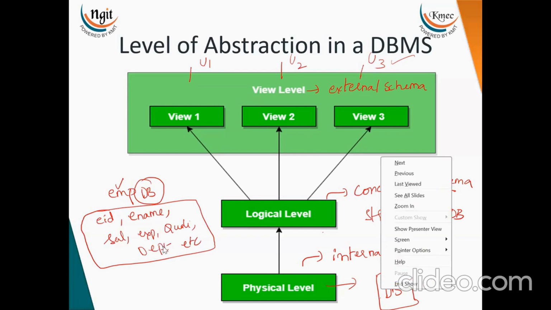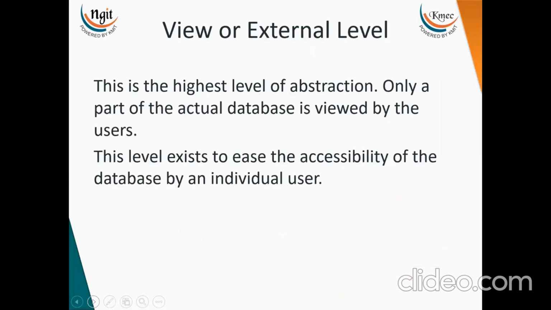Let me take an example for view level to make you understand what it actually is. The different set of users may contain students and faculty. Student is one level of user and faculty is the other level of users.